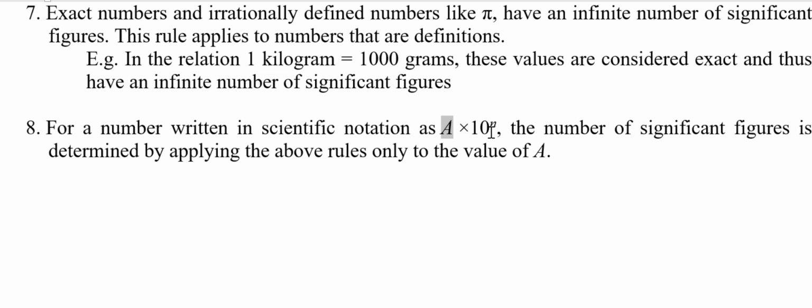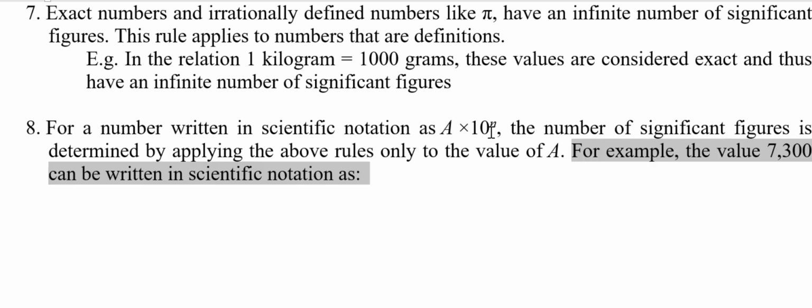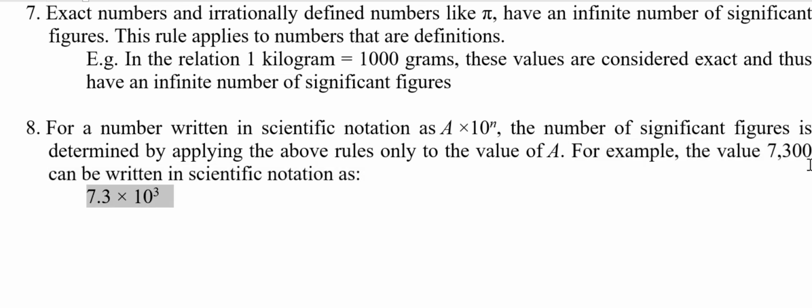So if we take this example, if we decide to take 7,300 and we write it in scientific notation, we can write it in various ways. For example, we can write it as 7.3 times 10 raised to power 3. So in this case, the number of significant figures are 1, 2.